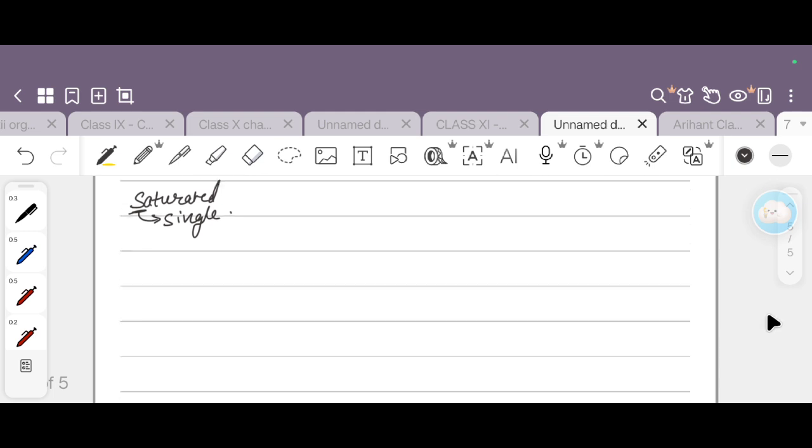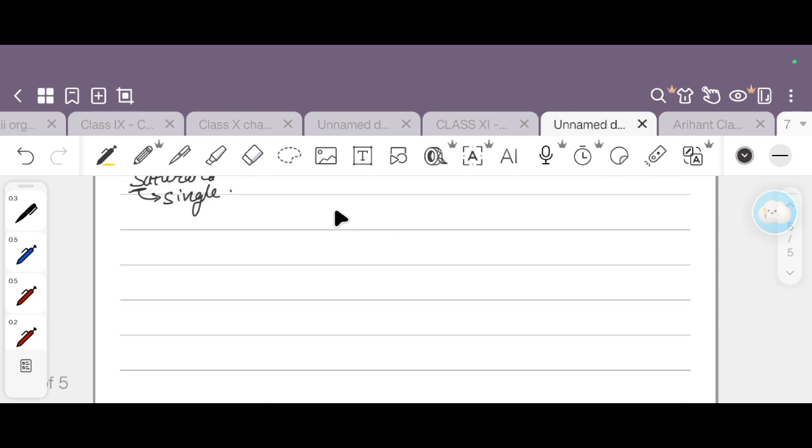Next, there are some functional groups. So I will be naming the functional groups. Hetero means a different atom from carbon is present in the organic compound, that is known as a functional group.